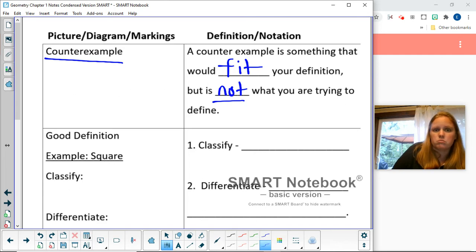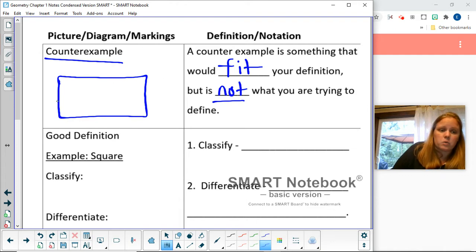Well, that is true. A square does have 4 sides, but something with 4 sides doesn't necessarily have to be a square. So this example has 4 sides, but it is definitely not a square. And so a counterexample is something that would fit what is being described, but is not what we're trying to define.